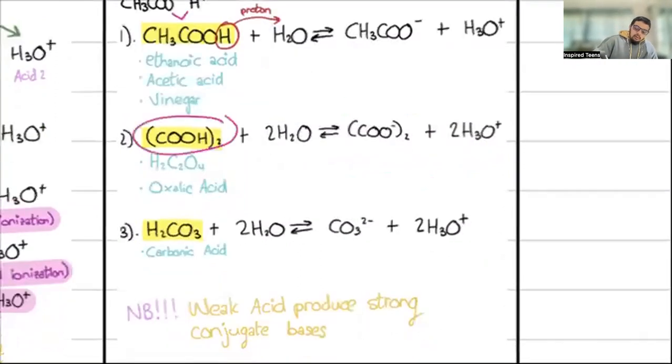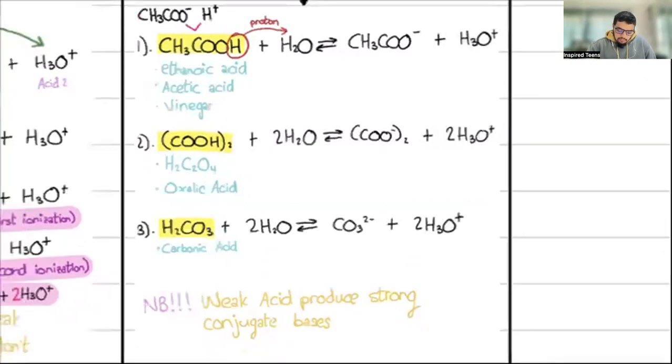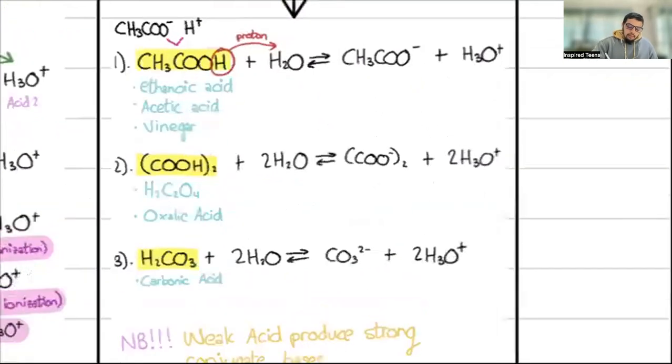Then we have COOH2, and it donates this H here, and because there are two hydrogens here, this is also a diprotic acid, and it would have a double ionization as well.